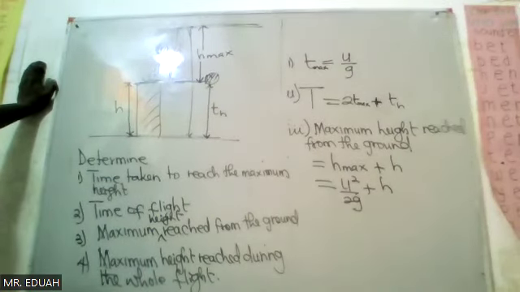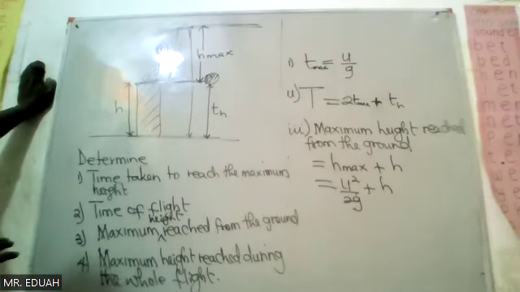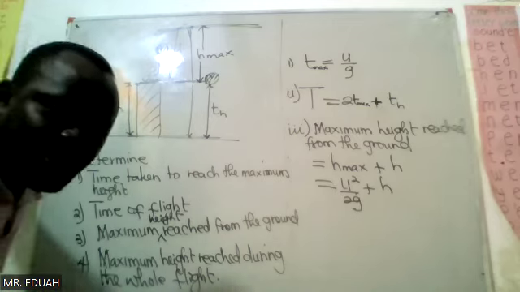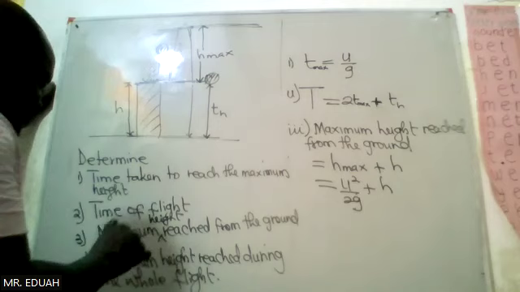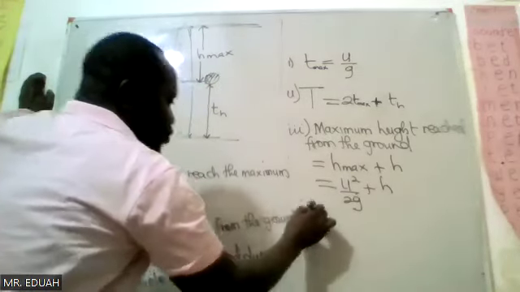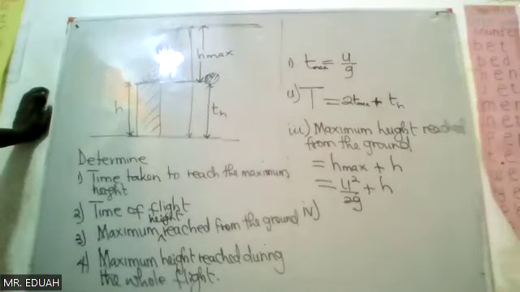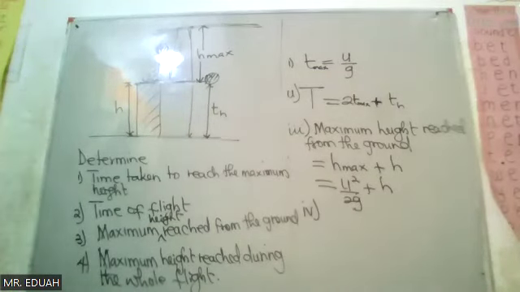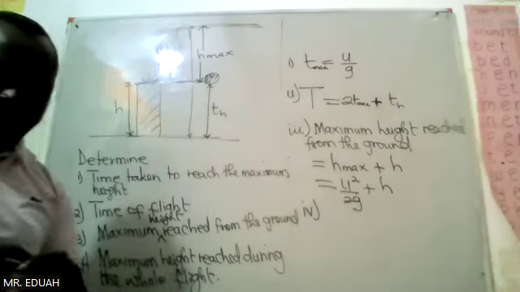Are we okay here? Hey, you are not talking. Are you asleep? And then the fourth one: maximum height reached during the whole flight.